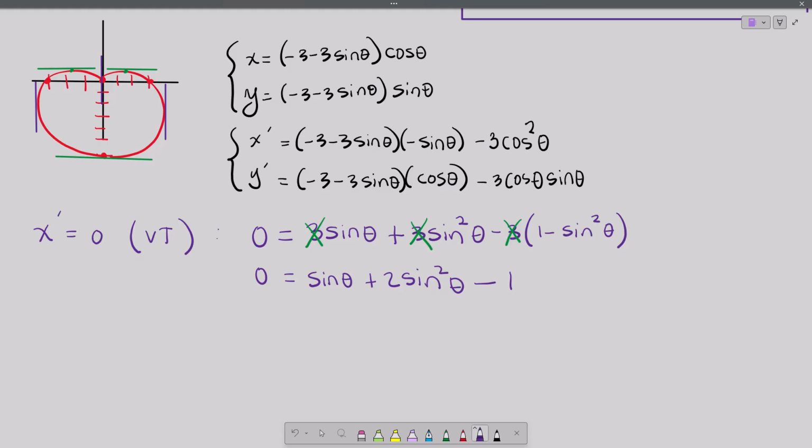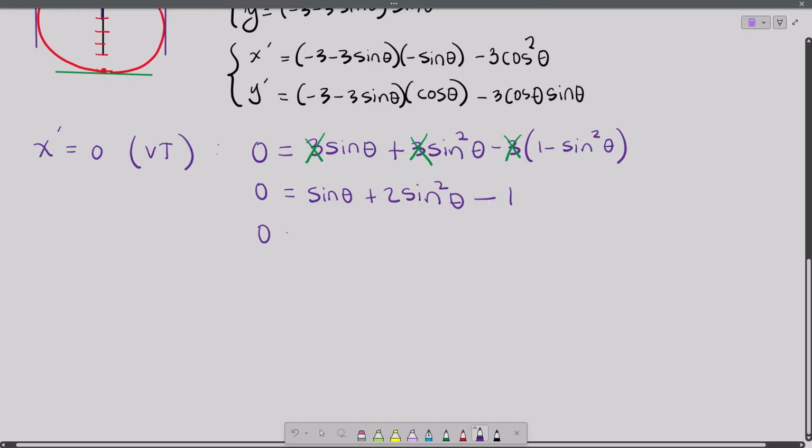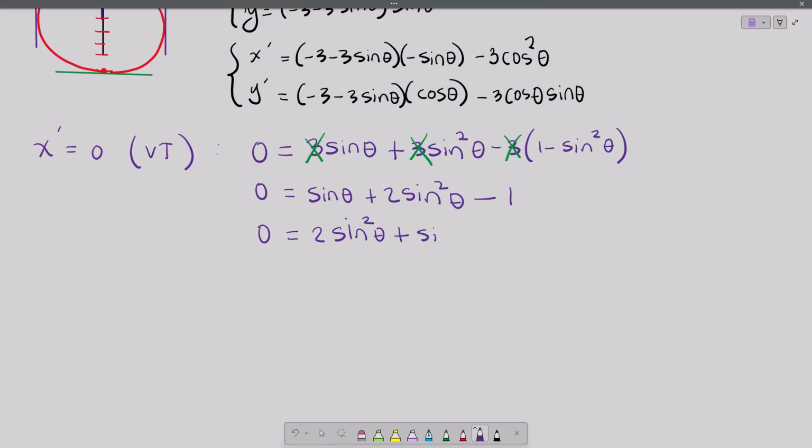We are going to reorder this so that we can factor. So that we have 2 sine squared of theta plus sine of theta minus 1. We're praying that this will factor easily. Our prayers have been answered because this leading coefficient's prime, so we have 2 and 1, there's no other choice.